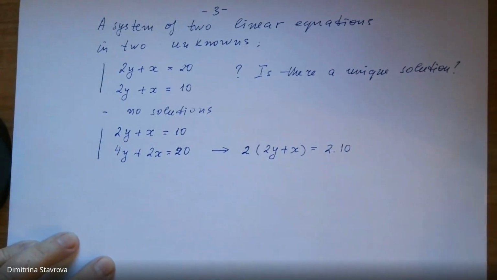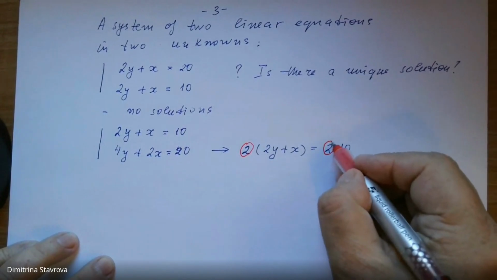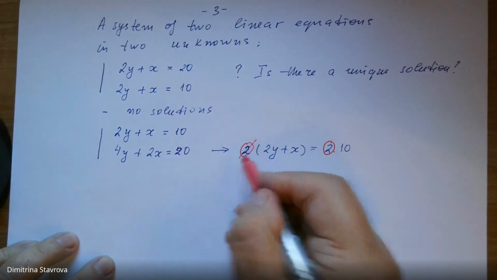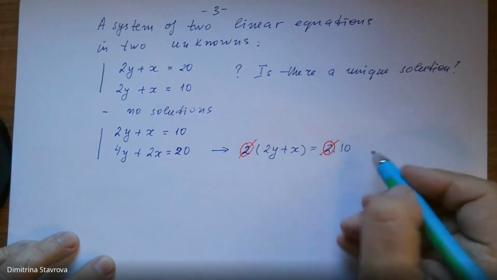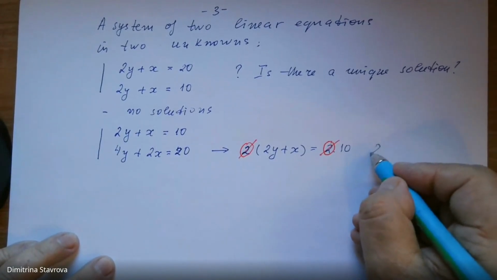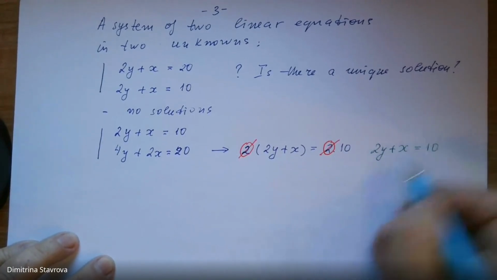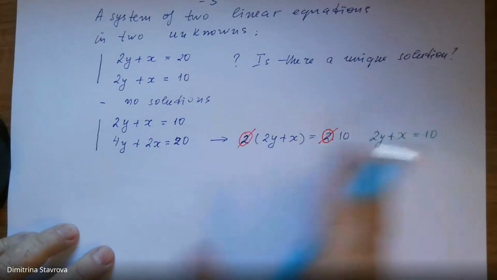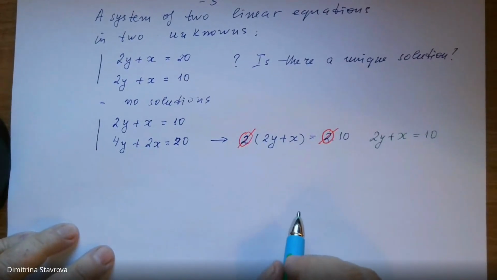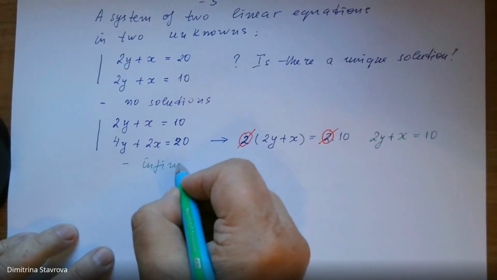And we have a factor 2 to the left and a factor 2 to the right, and we can cancel, and as a result, it turns out that the second equation, in fact, is equal to the first one. Hence, if we consider this again a little bit strange system, it has infinitely many solutions.